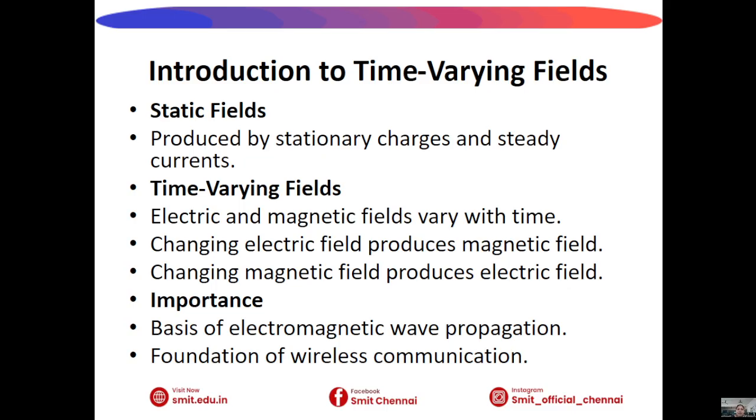When electric and magnetic fields change with time, they become interdependent. A changing magnetic field produces an electric field, and a changing electric field produces a magnetic field. This interaction is the basis of electromagnetic wave propagation and forms the foundation of modern communication systems.